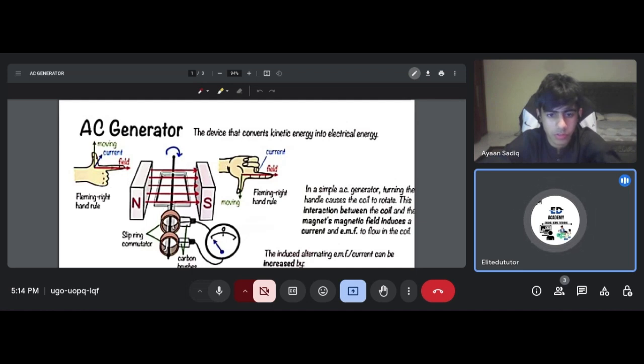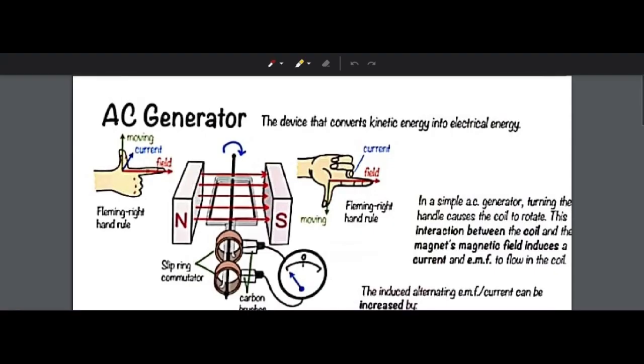using electromagnetic induction. I hope you heard about this concept of electromagnetic induction. Do you have any idea about it? It is when the direction of the magnetic field changes due to the change of the electrical conductor and the magnet, and due to this, EMF is induced.